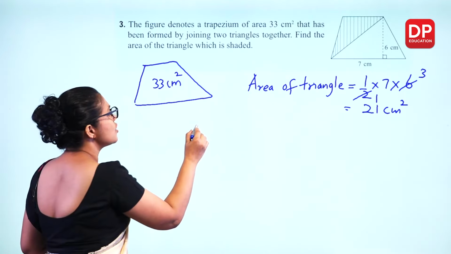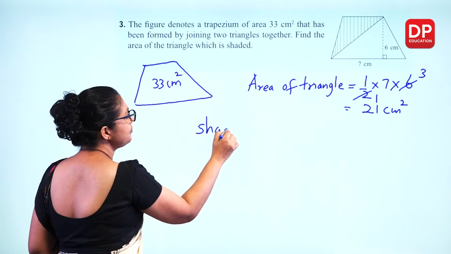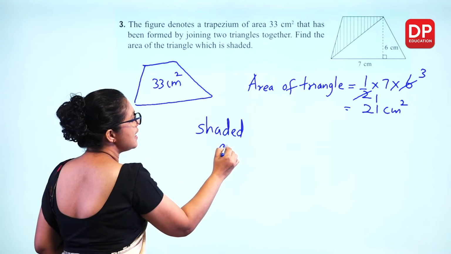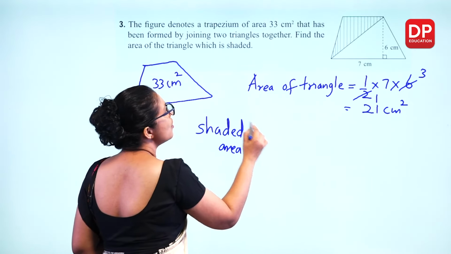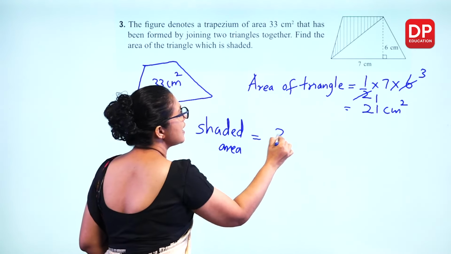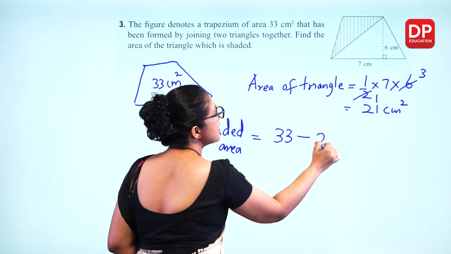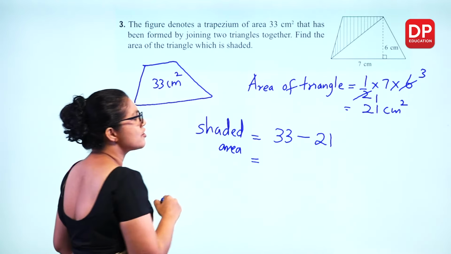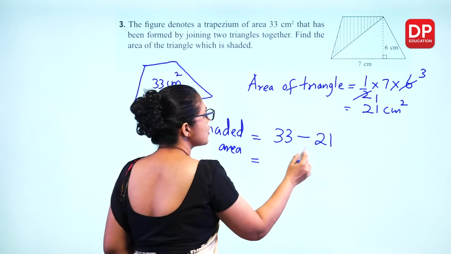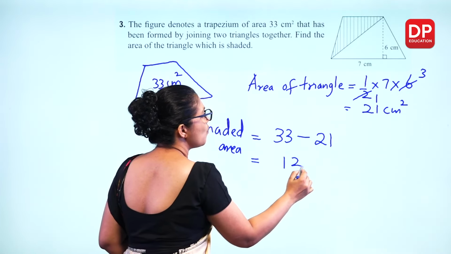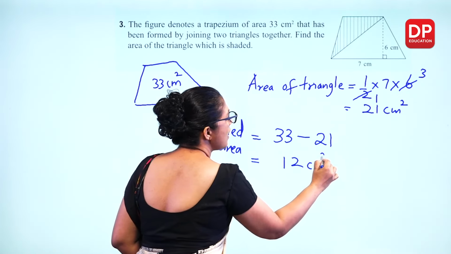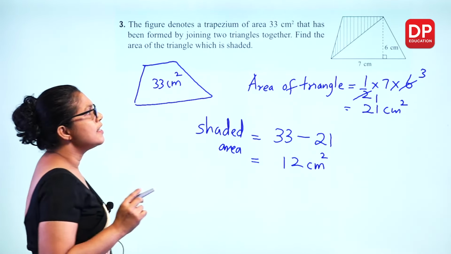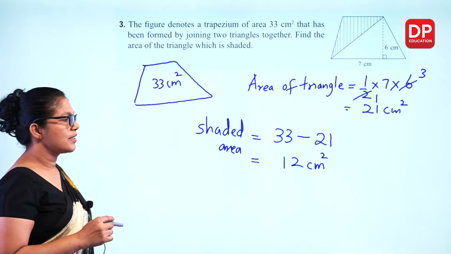So what's the shaded area? Shaded area is equal to the full thing subtract the area of the triangle. So what's the subtraction? You get 12 square centimeters for the shaded region.